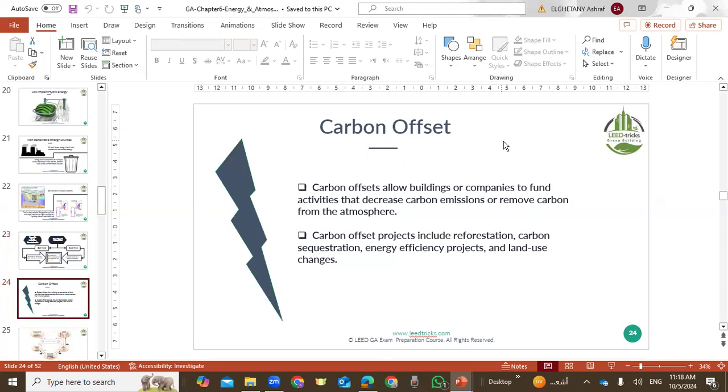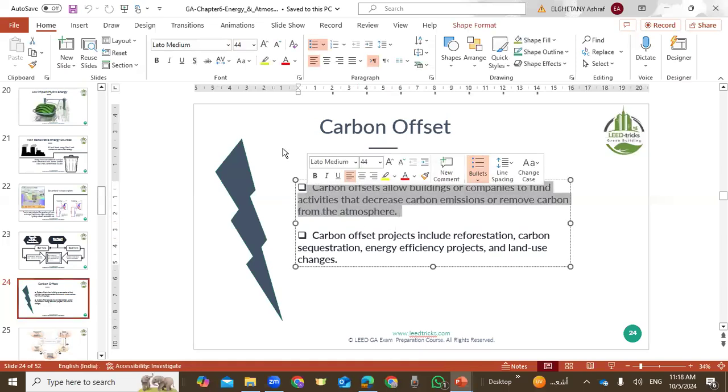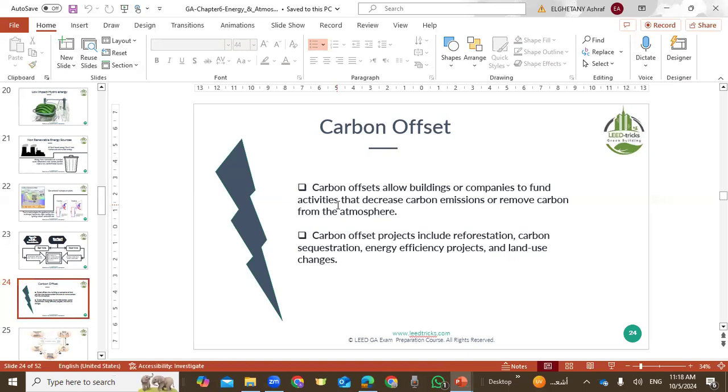It has two names, carbon offset or renewable energy certificate, with some differences. Carbon offsets allow a building or company to fund activities that decrease carbon emissions and remove carbon from the atmosphere. And here is the answer when you ask, why do I pay and get nothing? No, you get that you remove emissions. Companies like airlines have restrictions now on carbon emissions.